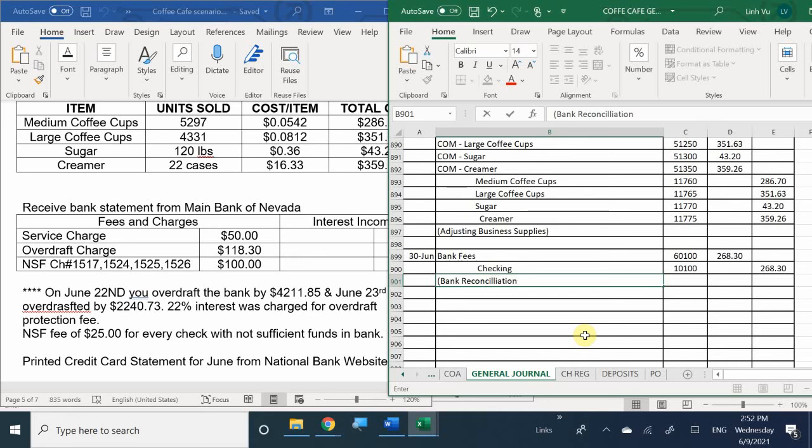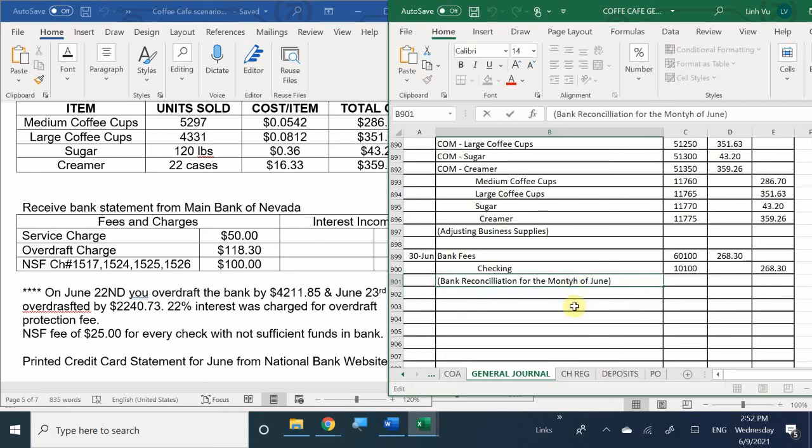Yes. Bank reconciliation for the month of June. All right, bank reconciliation for the month of June. Whoa, I typoed. Okay.